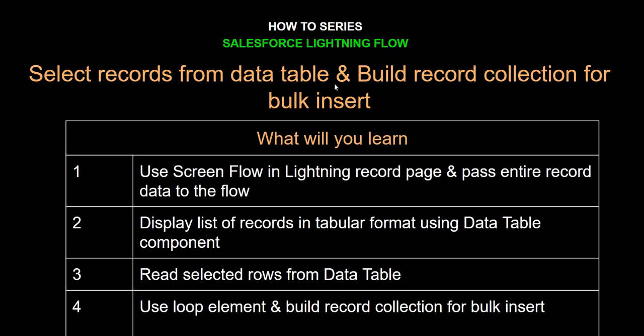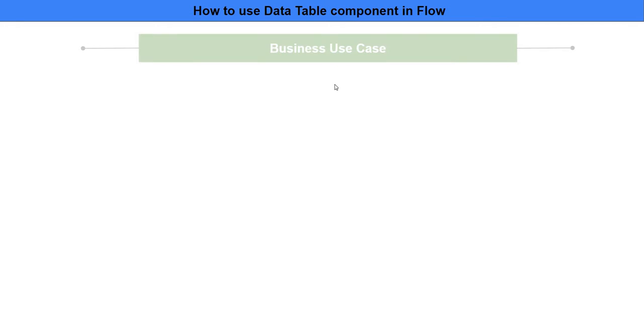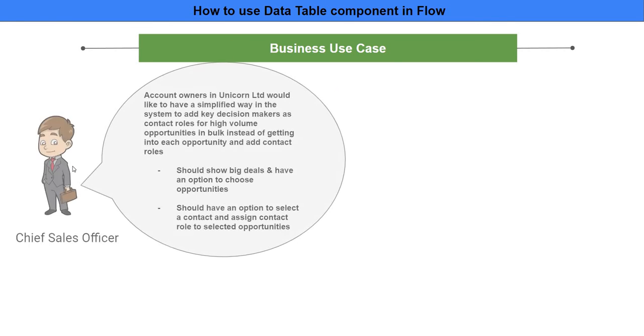To demonstrate this, we'll start with a business use case. We have a chief sales officer of Unicorn Ltd. He would like to help the account team, or the sales team, add opportunity key contacts, especially opportunity contact roles, right from the account page.